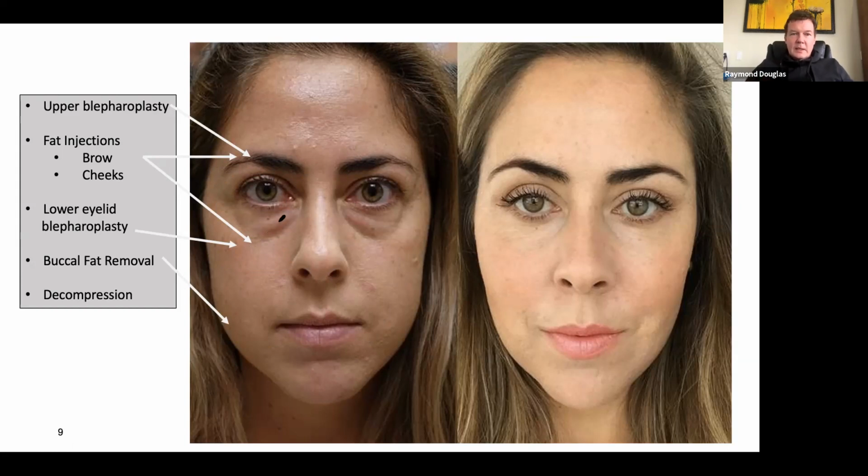And then also the lower eyelid blepharoplasty, taking this fat, rolling it down onto the cheek, creating a smooth, volume-enhanced cheek, and removing a little bit of buccal fat. We also move the eye back a little bit with a little fat decompression by removing a little fat from behind the eye and then repositioning some of this fat.